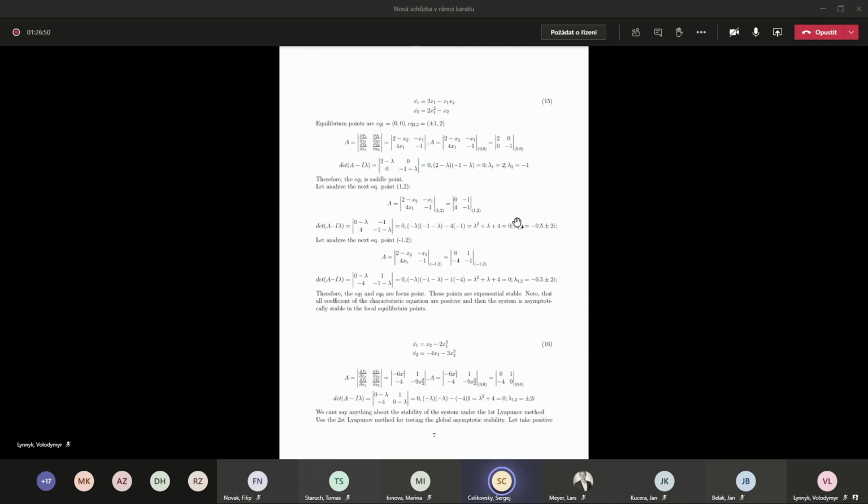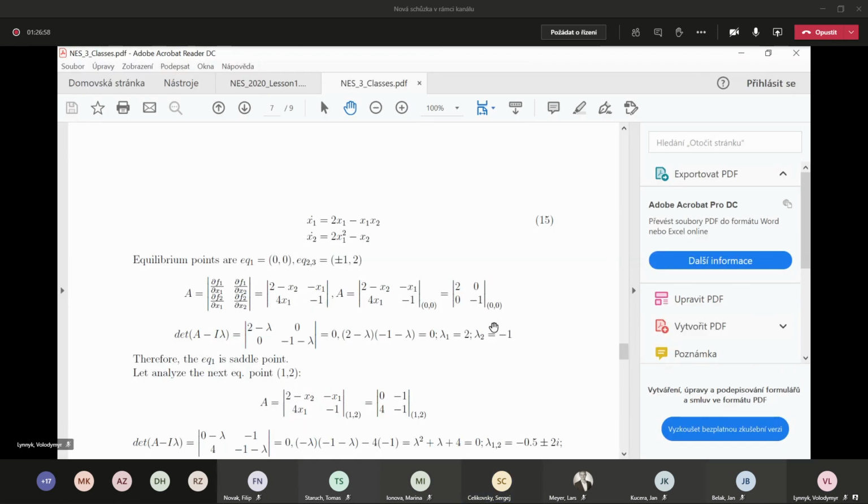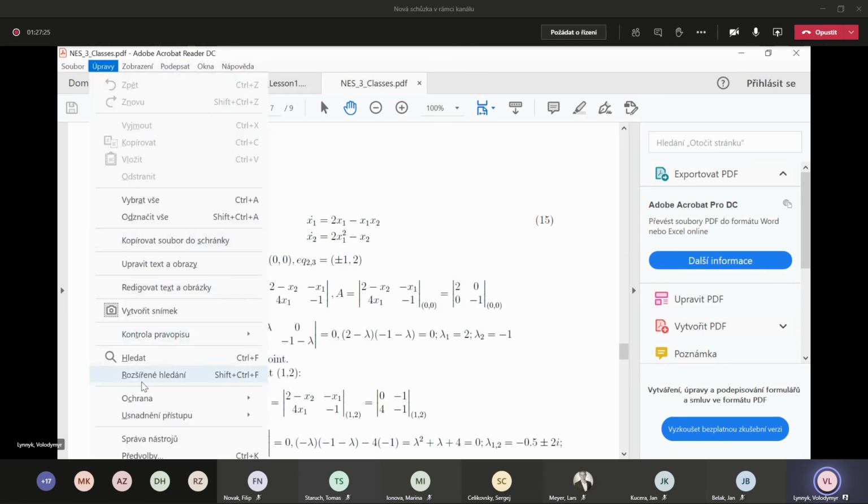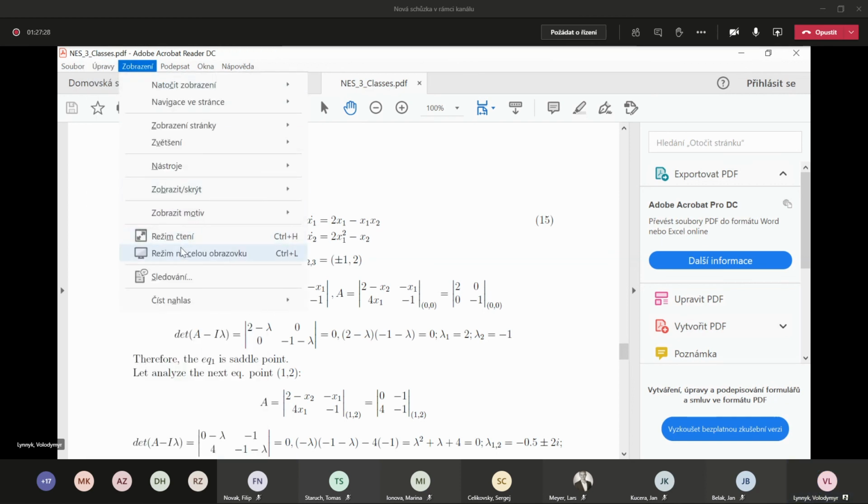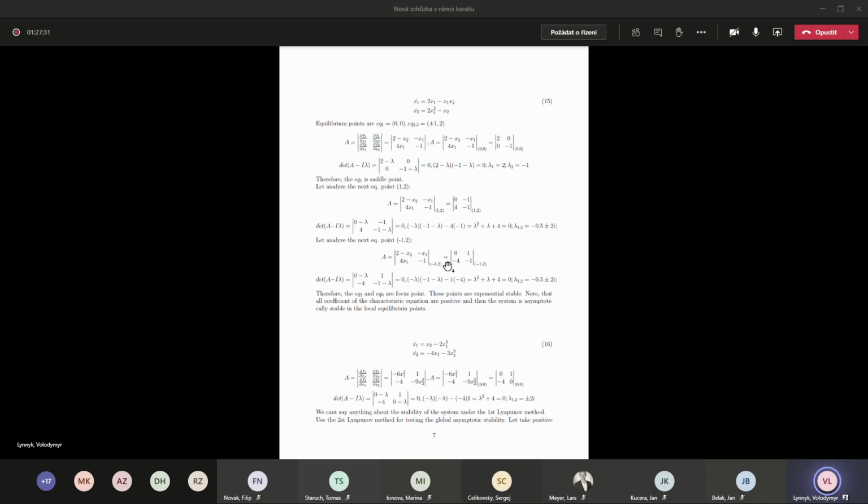Your mic is again switched off, Volodymyr. Now it's okay. You can watch it in these small windows with your name, where sometimes it appears.